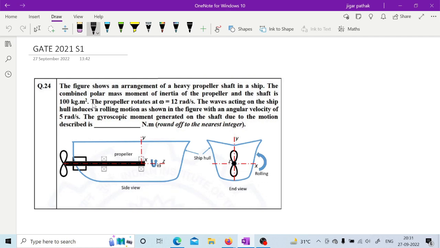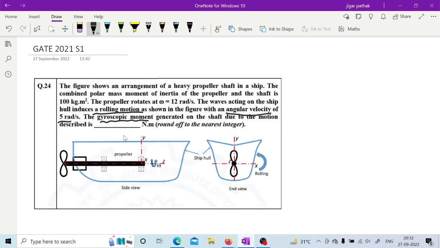The waves acting on the ship hull induce a rolling motion, as shown in the figure, with an angular velocity of 5 radian per second. Now you have to calculate the gyroscopic moment generated on the shaft due to the motion described.